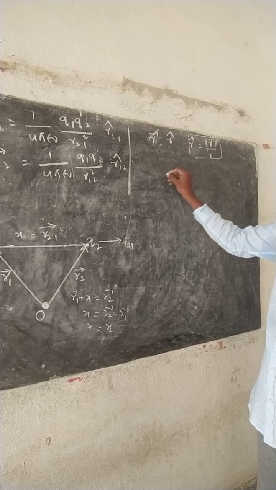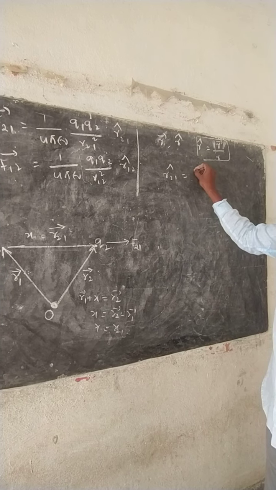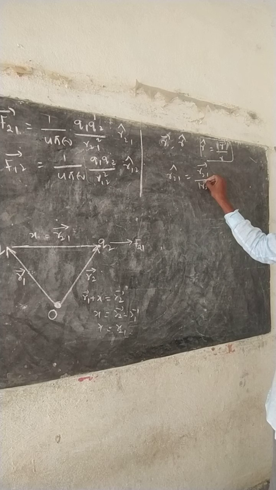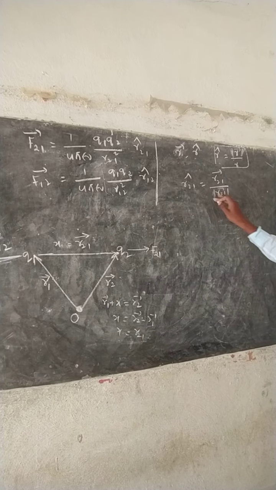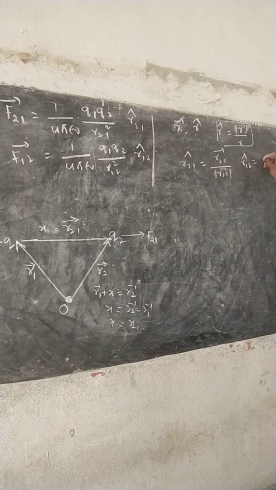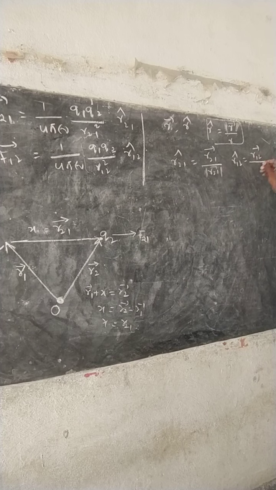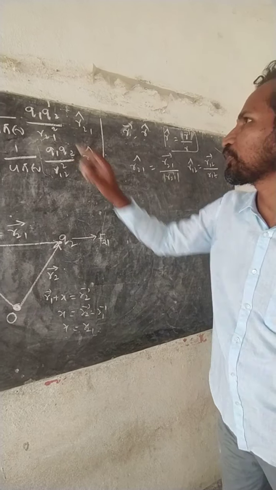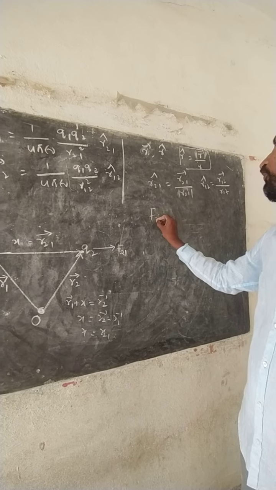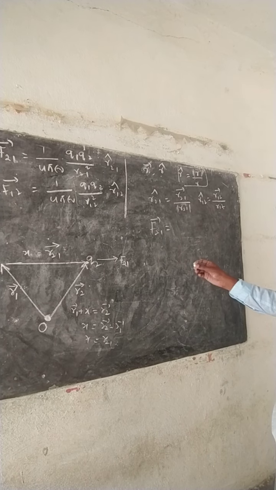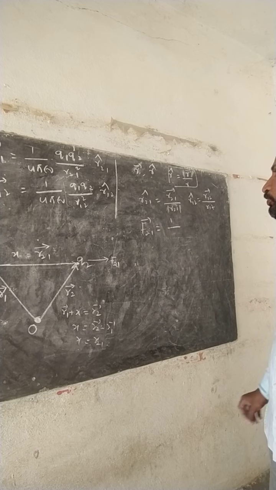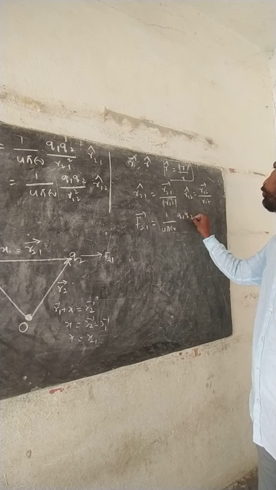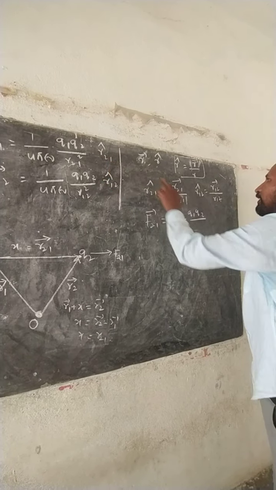Similarly, how do we write R21 cap? R21 cap is equal to the vector R21 by the magnitude of R21, and R12 cap is also the same, the vector R12 by the magnitude of R12. If we substitute these in the formula, then the new formula in vector form is F21 equal to 1 by 4 pi epsilon naught Q1 Q2, and instead of the unit vector we substitute this one.